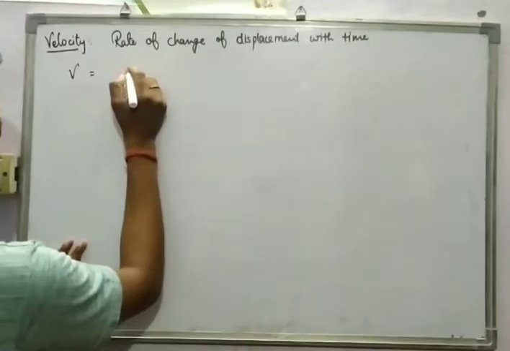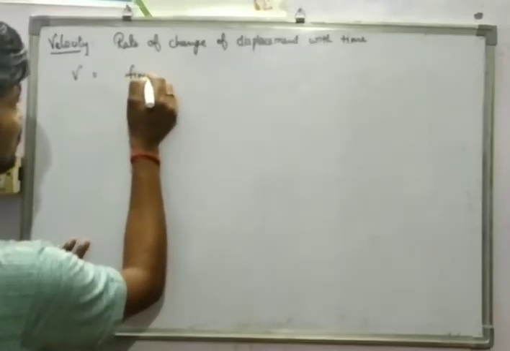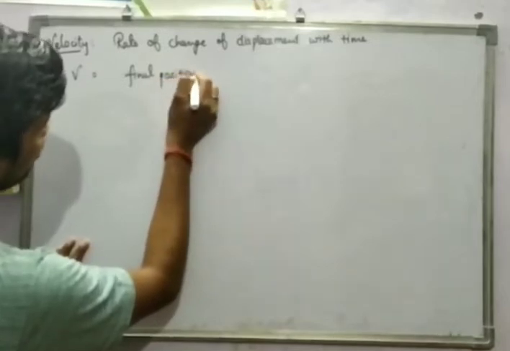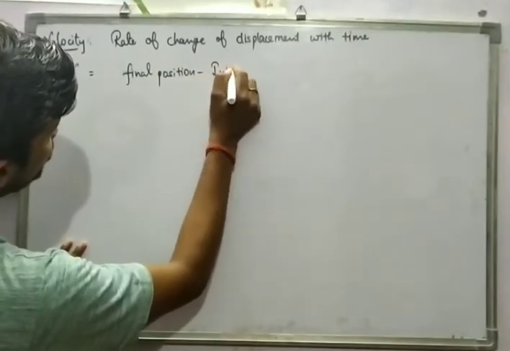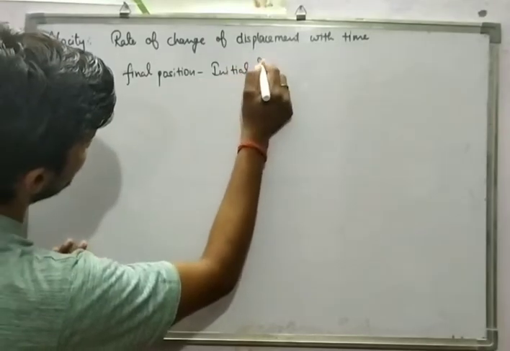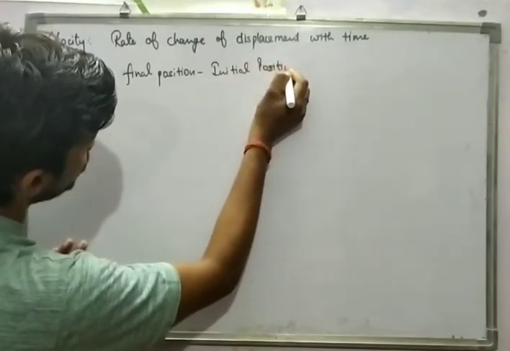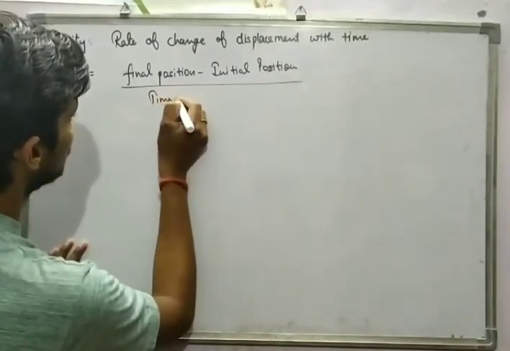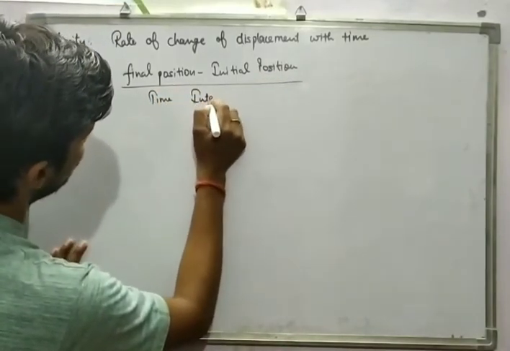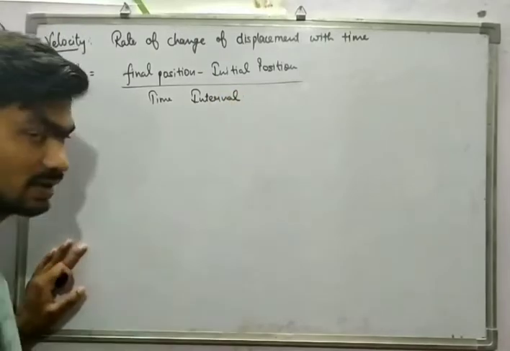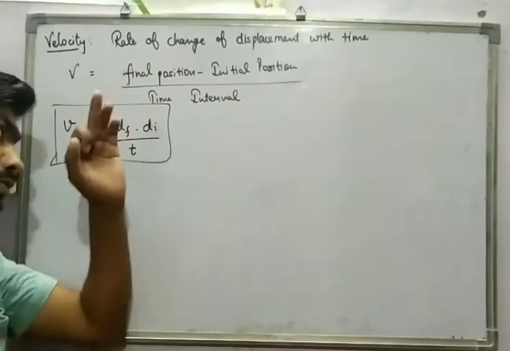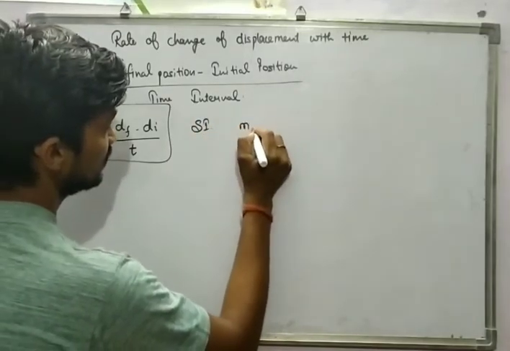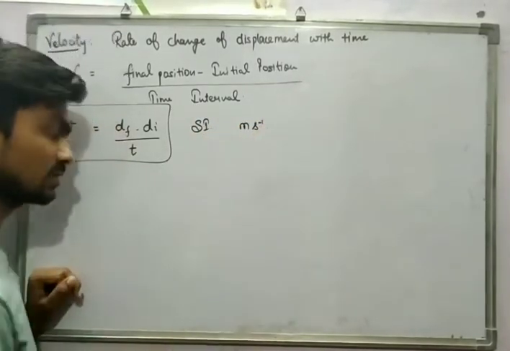Velocity, if we write it by v, so here we will write final position where the object is minus initial position where the object is starting, upon total time interval, how much time it has taken. Correct? So velocity will also have the same SI unit. That velocity has, as speed has, meter per second.